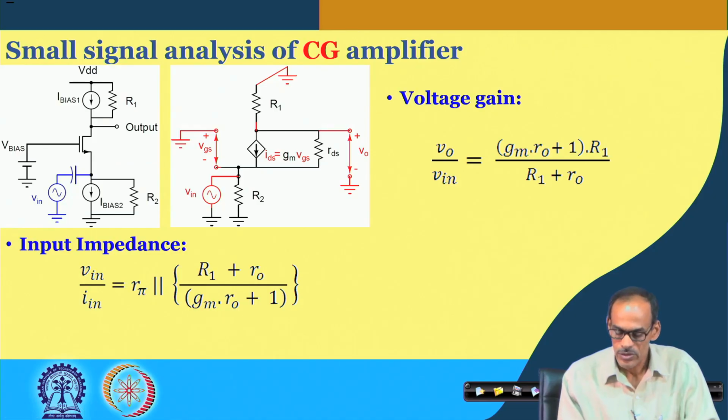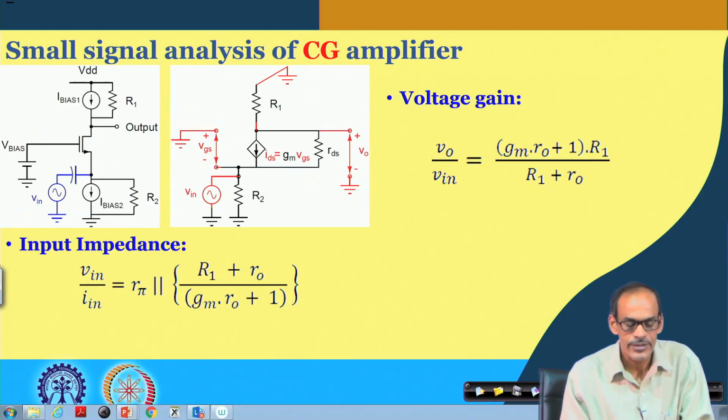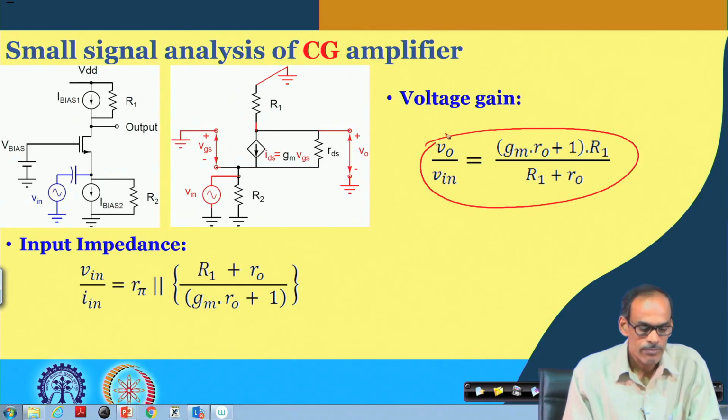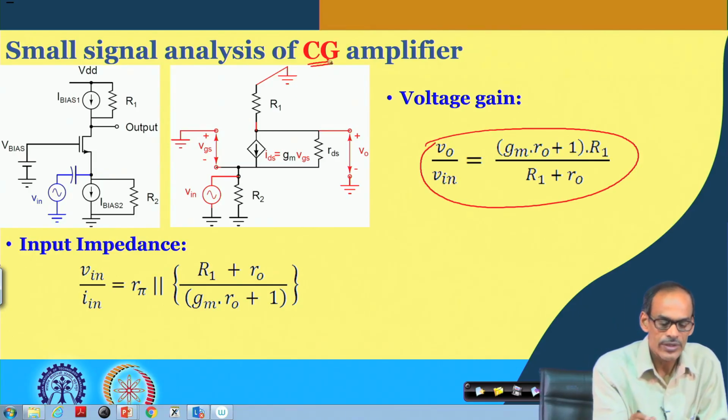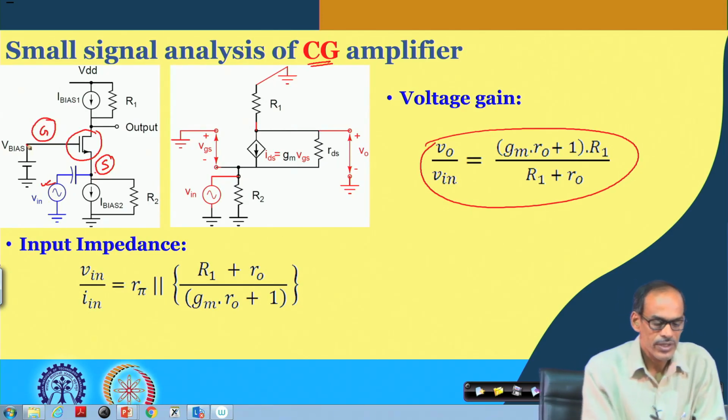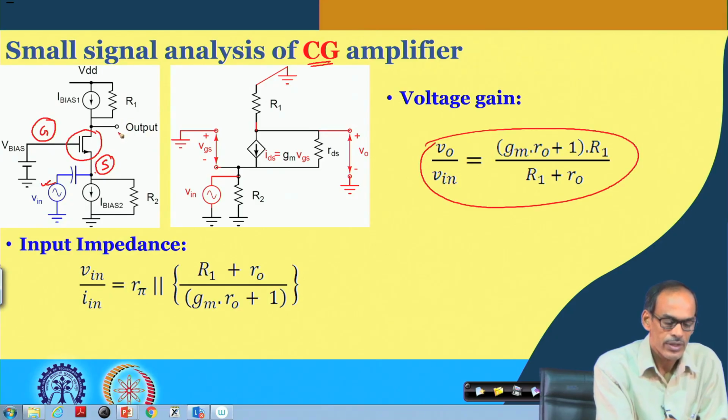In our previous analysis, namely for common base, we obtained this relationship V out to V in, and here we have the common gate configuration. This is the main transistor, the signal we are feeding at the source through the capacitor. The gate is biased at DC voltage, and then at the drain we are observing the corresponding output.